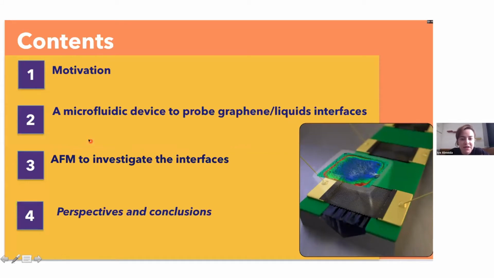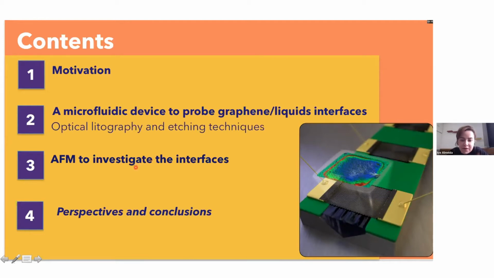First, I would like to talk about the motivation to work with graphene, especially in contact with liquids. Second, I will talk briefly about the design of our microfluidic device, which was produced based on optical lithography and selective etching techniques. Our microfluidic device is very similar to this photo here.